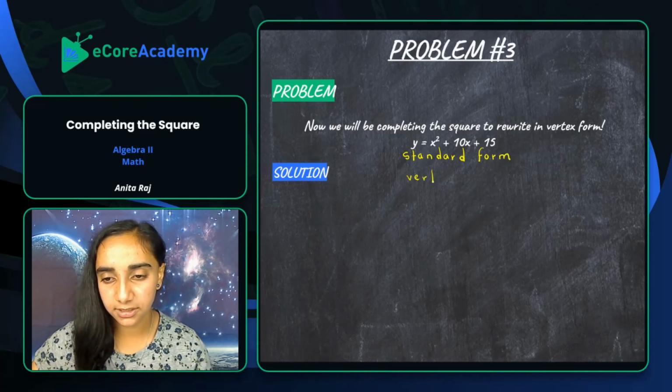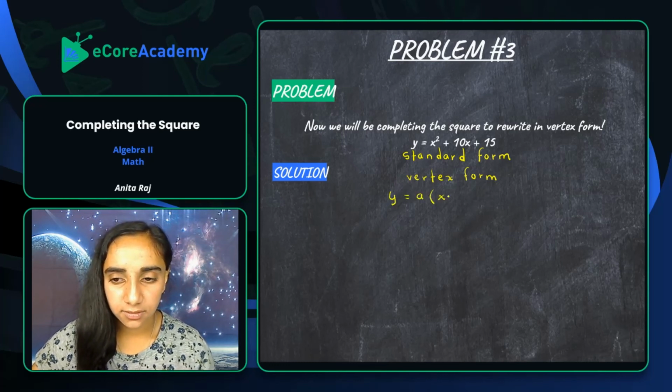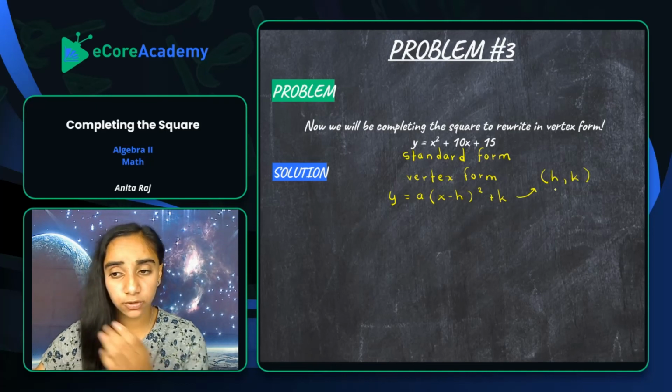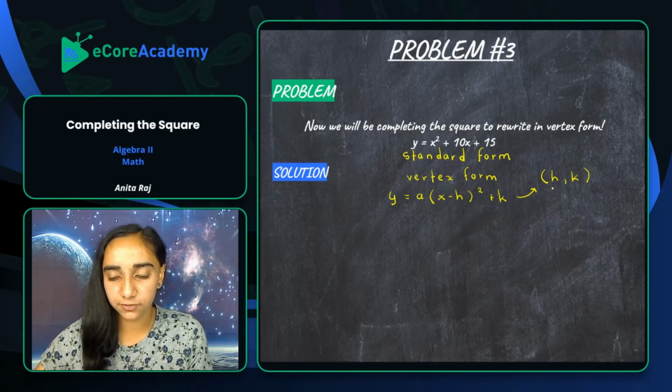So vertex form, just to jog your memory, is y is equal to a times x minus h squared plus k. And remember, h, k, that point is the point of the vertex. So h represents the x coordinate of the vertex, k represents the y coordinate of the vertex.